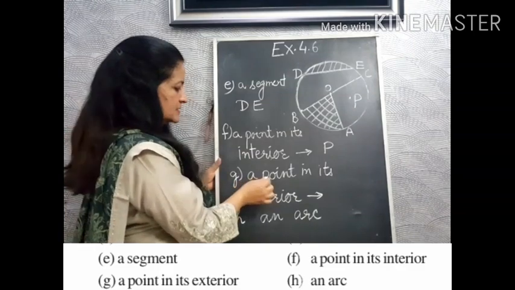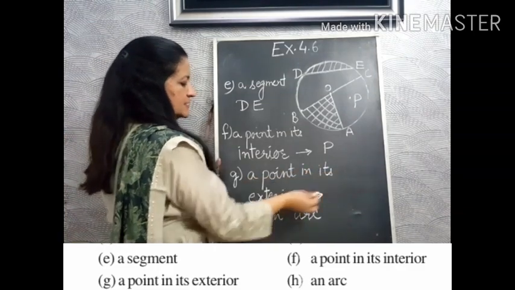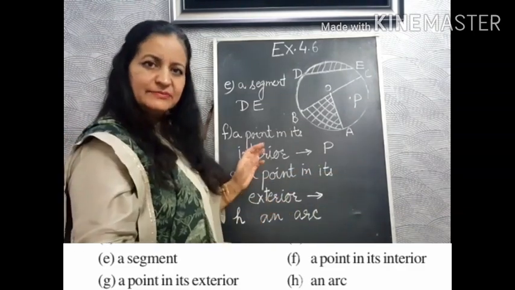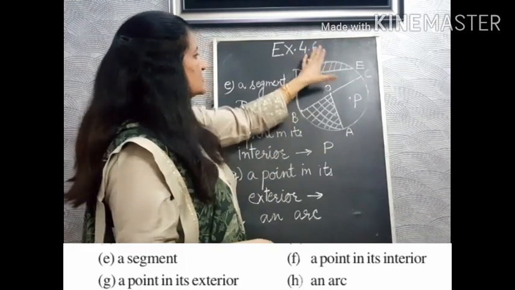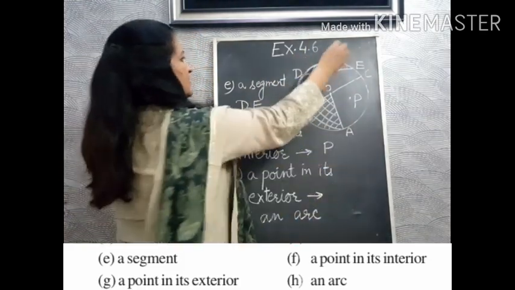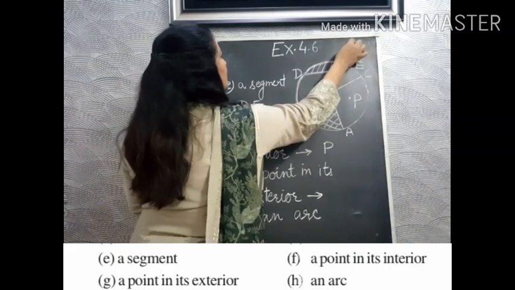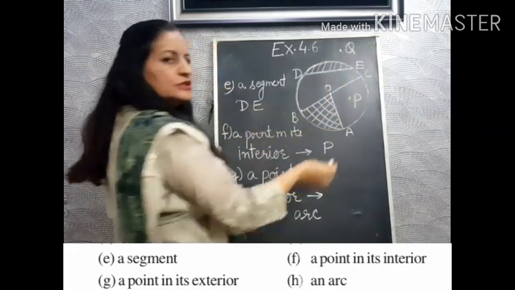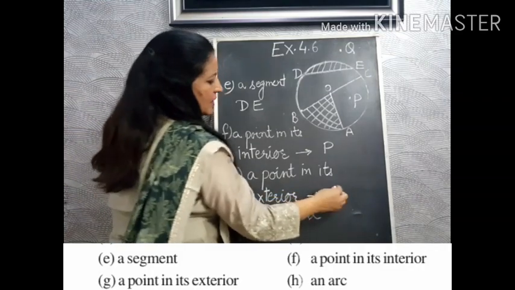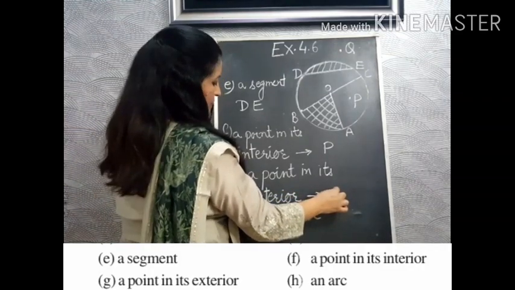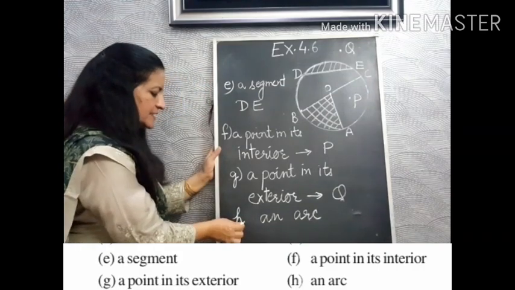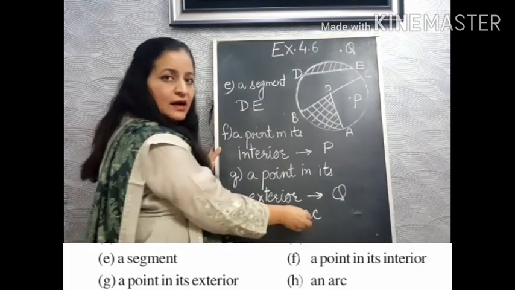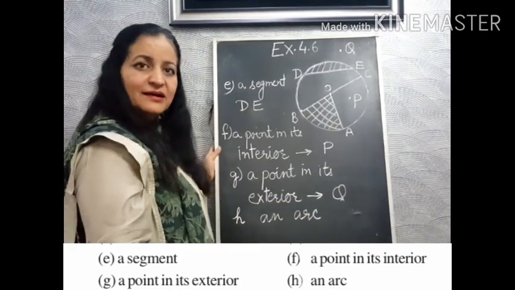Now G part is a point in its exterior. Exterior means outside the circle, anywhere outside the circle. We are marking it here and let us name it Q. So here our point which is exterior to the circle is Q. Now last part is an arc. So what is an arc?